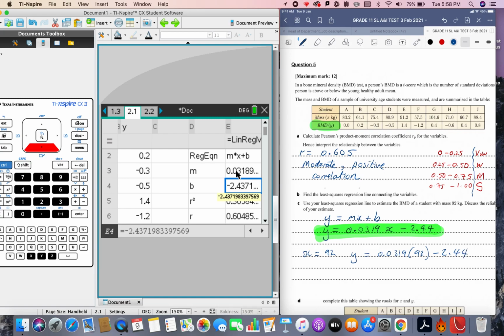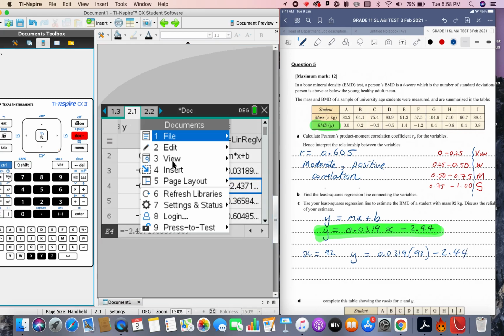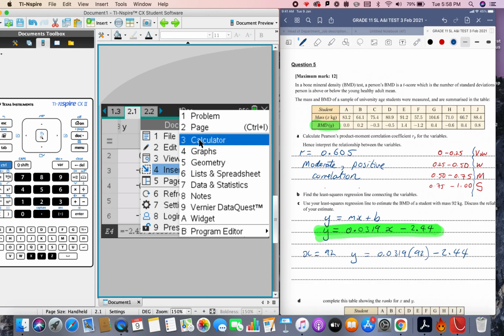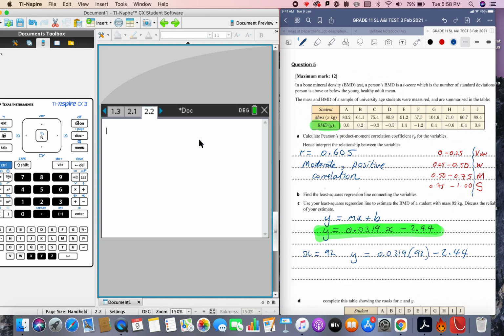We're going to go to the calculator, go to doc, insert a calculation page, and just type this in as it is. 0.0319 times 92 minus 2.44. And we have the bone mineral density of 0.495. It doesn't say what units that's in, it just looks like it's a number. And that will be to three significant figures.